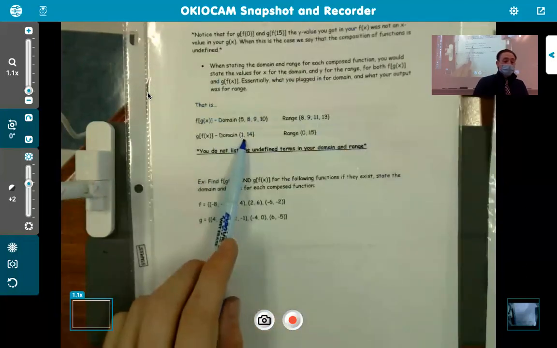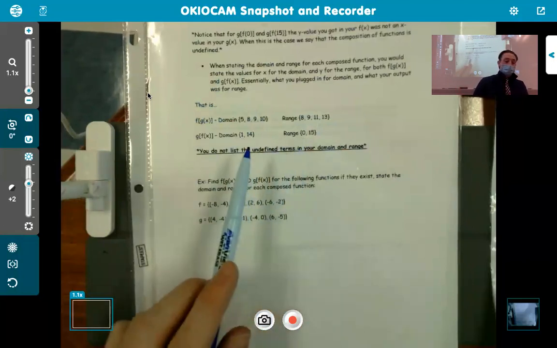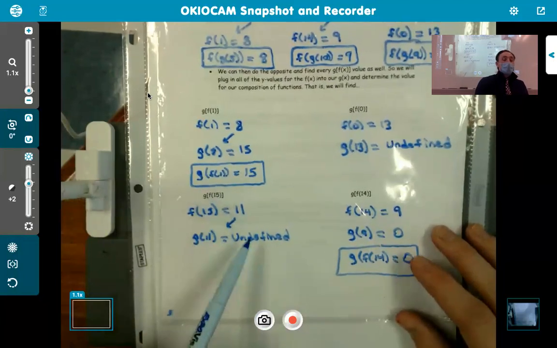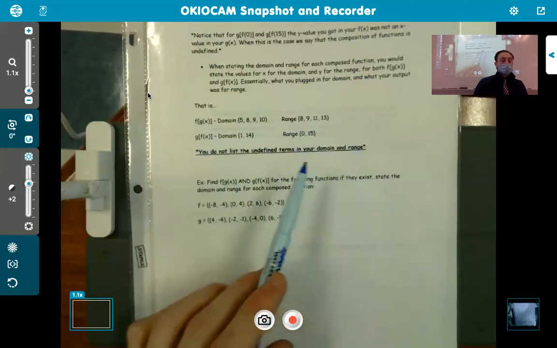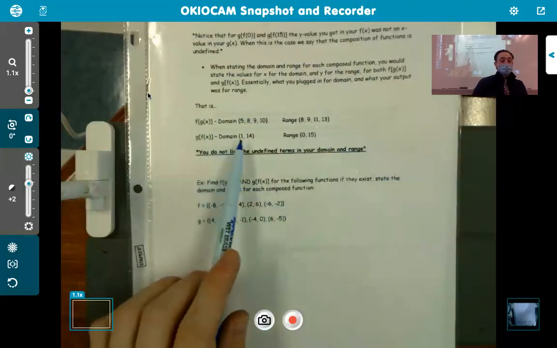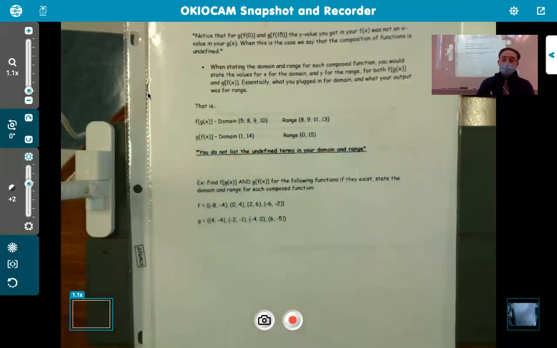So 0 doesn't go in my domain, and there's nothing I could put in my range because it was undefined. Same thing with 15. When I plugged in 15, I got undefined. So 15 shouldn't show up in my domain, and there's nothing I can put in my range. When I plugged in 14, I got 0. So I write that value in my range. Any questions about domain and range and how we would list that?